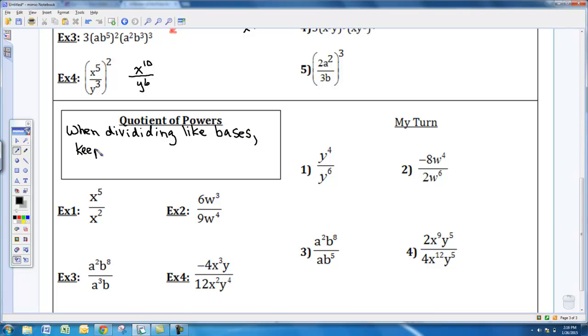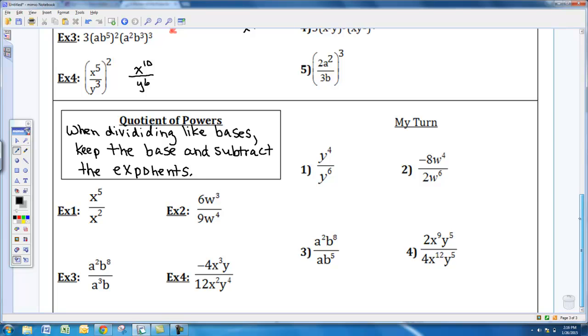And what do you think we will do with the exponents this time? Dividing like bases, keep the base, and if you said subtract the exponents, you were correct. When dividing like bases, keep the base and subtract the exponents.